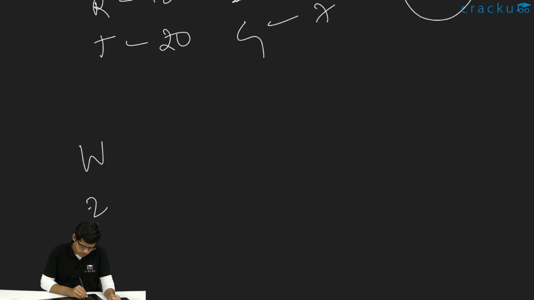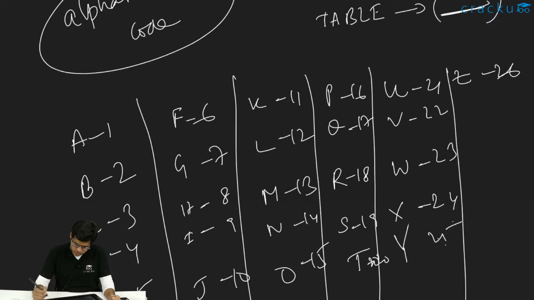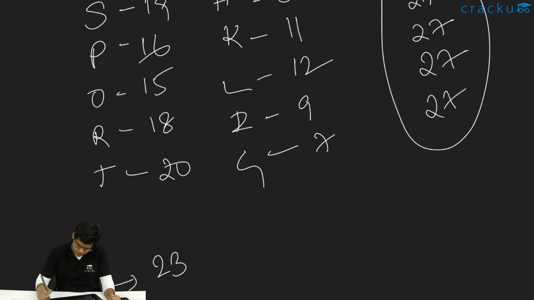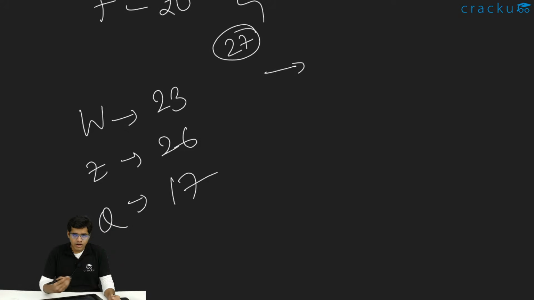So let's write WZQ. W is 23, Z is 26, Q is 17. Now the total sum has to be 27, so what should be the coded letter? 23 plus 4 is 27, 26 plus 1 is 27, 17 plus 10 is 27.